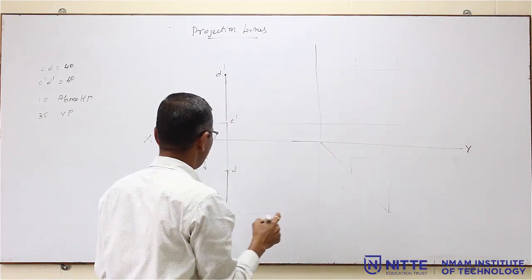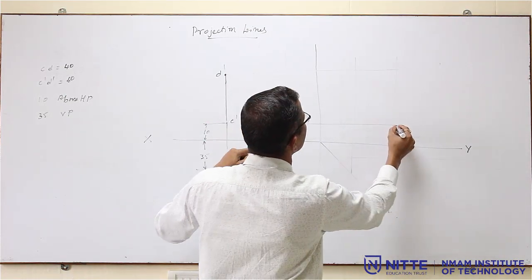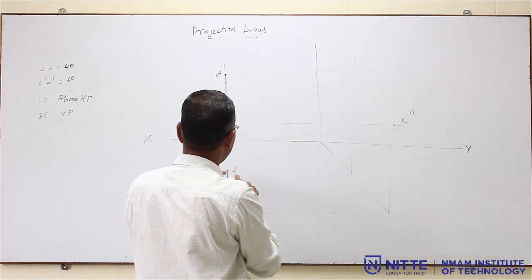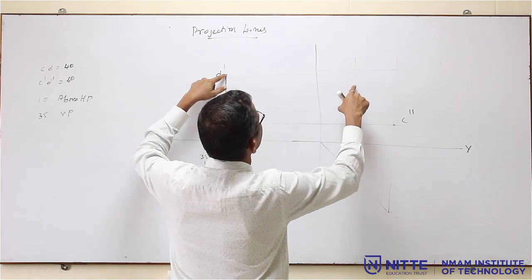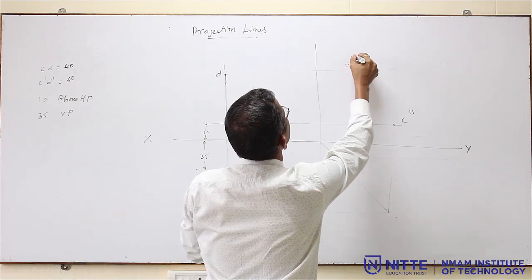Like this, then start from C. C is here. Where is C dash? So, this becomes C double dash. Then start with D. D is following this line and D dash is here. So, the intersection of this is D double dash.